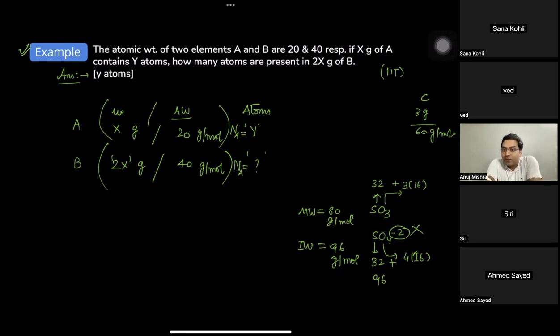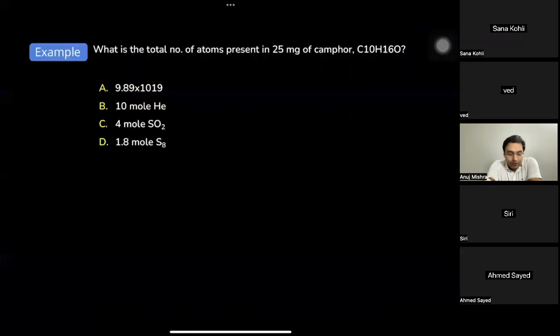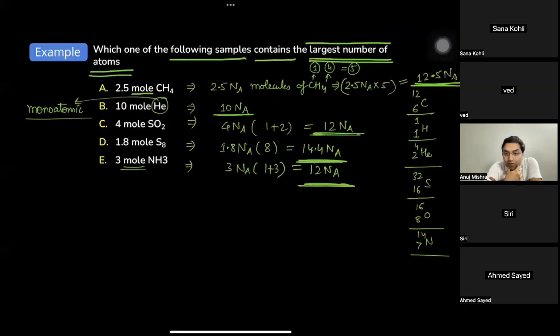Sir, could you please show the previous question? This one? Yes, sir. So, tell me. Sir, in this case, we have to multiply the number of moles into the number of atoms per molecule, correct.